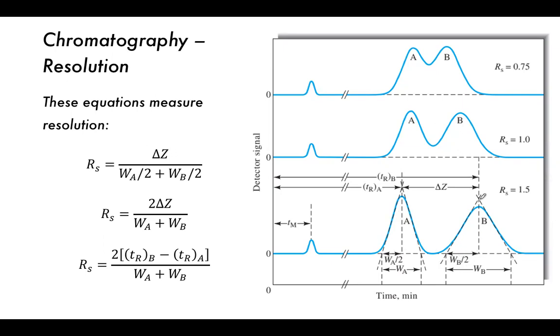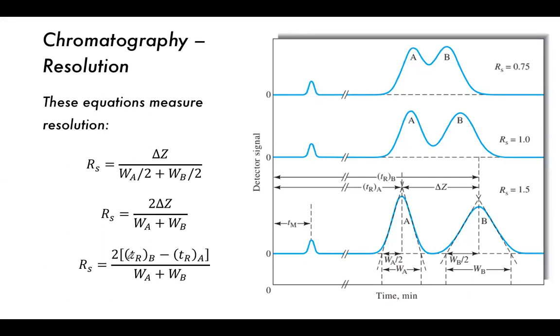So we're looking at WB over 2, but we could just multiply this by 2 and we would get the resolution as 2 delta Z over WA plus WB. And then we can substitute in delta Z for the retention times that we have measured. You could measure the distance here, it's not that difficult, but if you only have the retention times of A and B, you can also use that.